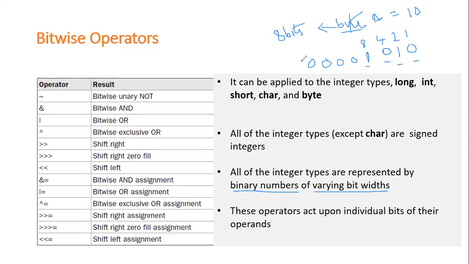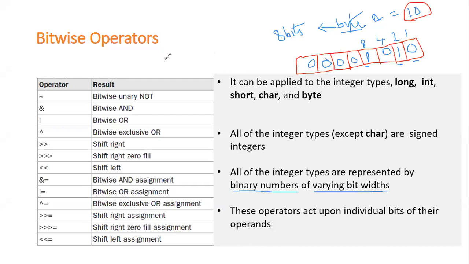The entire remaining bits I can put as 0. Why did I represent it using 8 bits? Because byte is going to occupy 8 bits. So using 8 bits, I have represented this number 10.